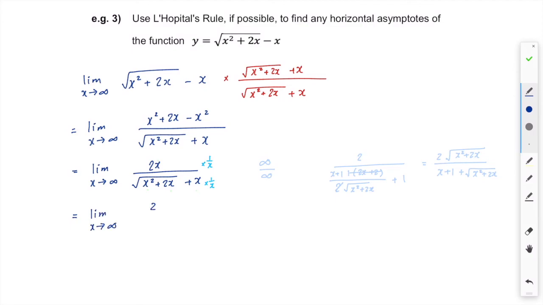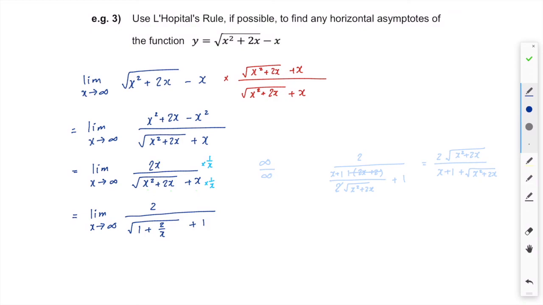So the top is easy, it is 2. Now the second term is easy, x over x is 1. When I divide the square root of x squared plus 2x by x, inside the square root I'm actually dividing by x squared, right, of the stuff inside the radical. So here I'm going to have 1 plus 2 over x. Okay. How does that look?